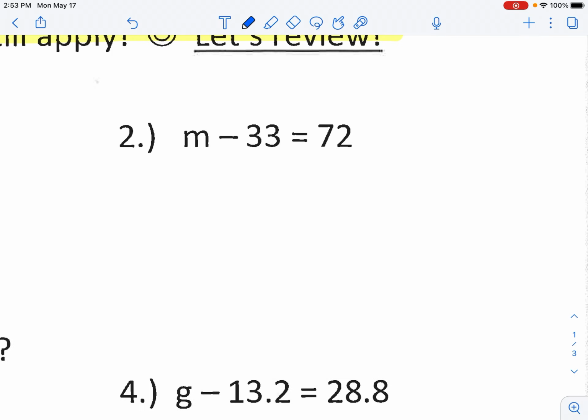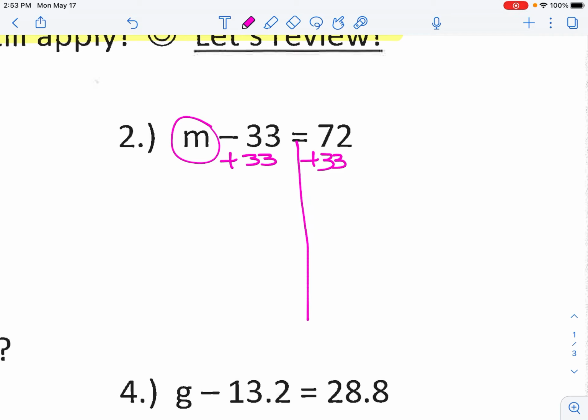All right, so let's try this one. First, you're going to draw your mirror. What number minus 33 equals 72? Since this says minus 33, the inverse of subtraction is addition. So to get the m all by itself, we have to get rid of negative 33. We get rid of negative 33 by adding 33.